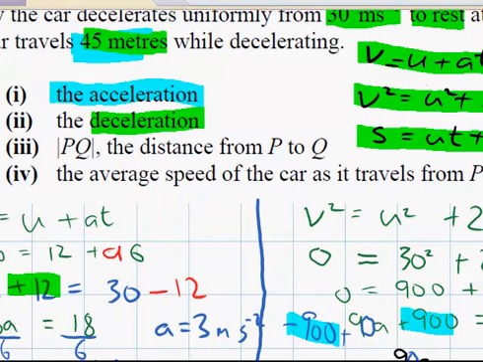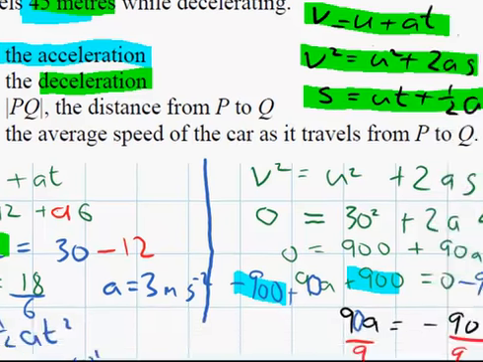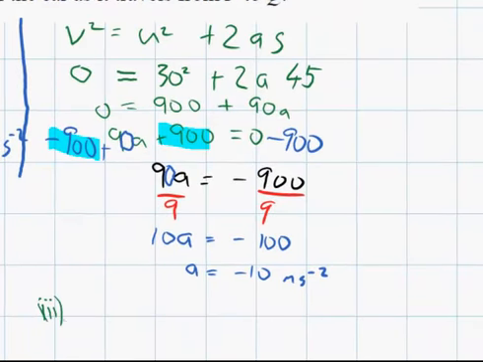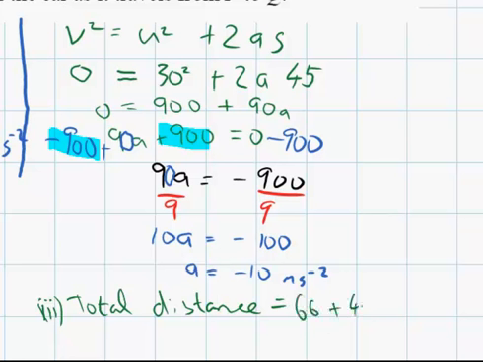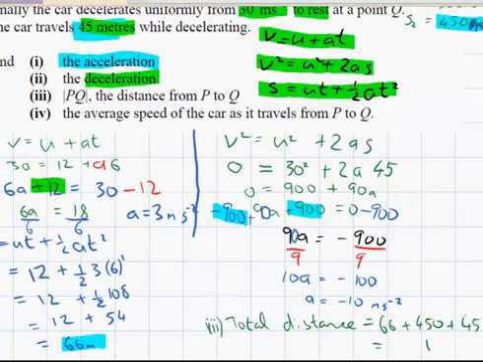So for part 3, the total distance is equal to 66 plus 450 plus 45. So that's equal to 561 meters.